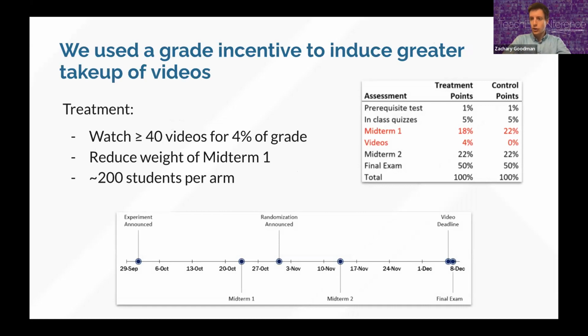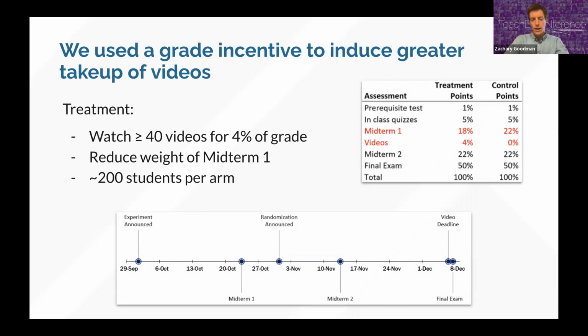We used an encouragement design, and this is more of an ethics choice than anything. It would have been a little uneasy to say only half the students could have access to this new technology that we developed. So rather than restricting access, we induced greater take-up of these videos using a grade scheme.